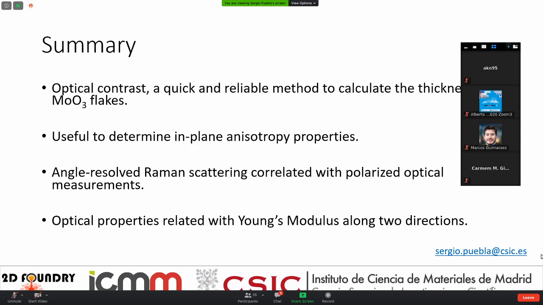So these ones, we think, can speed up the experiments that are going to be made in the future. And also we have used this method to correlate with the mechanical properties of the materials. So thank you, everyone. I hope you have enjoyed this talk.